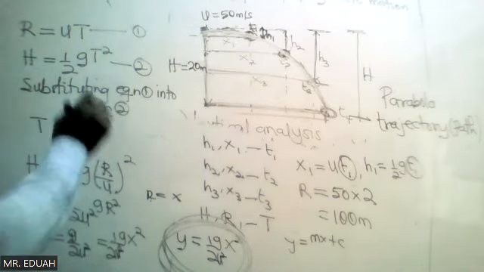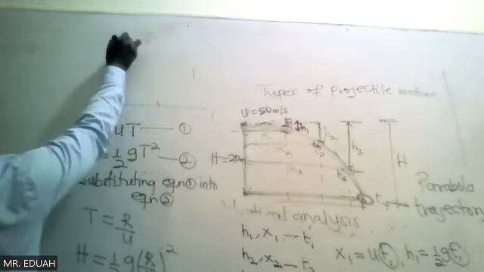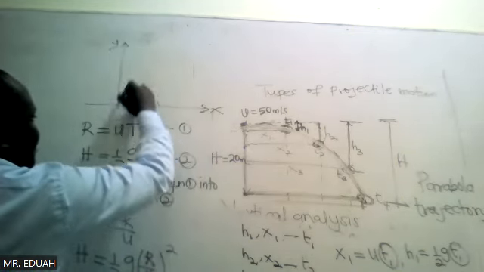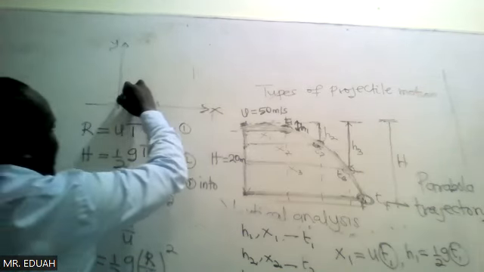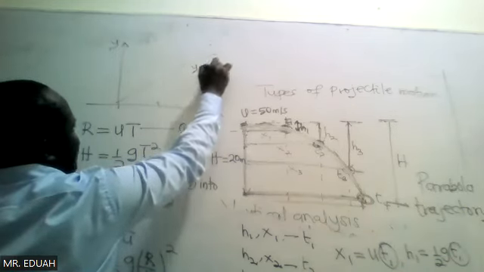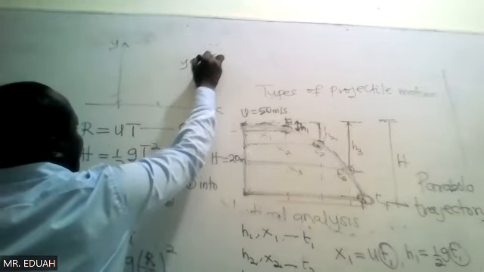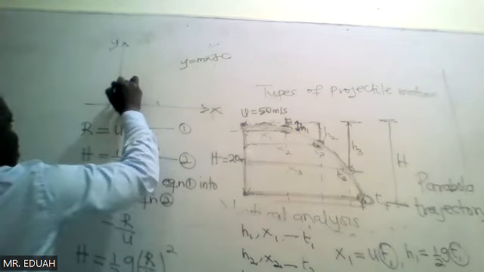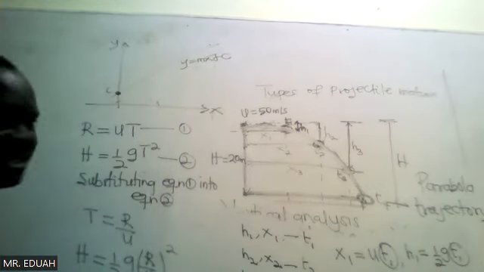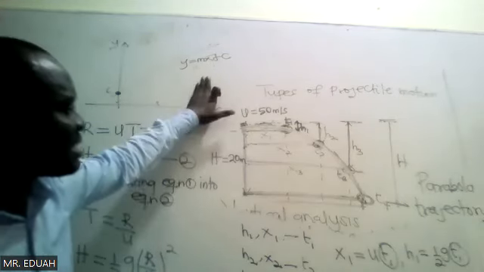Just as the equation of a straight line is Y is equal to mx plus c, where c is the intercept on the vertical axis, this is a linear graph with its equation.